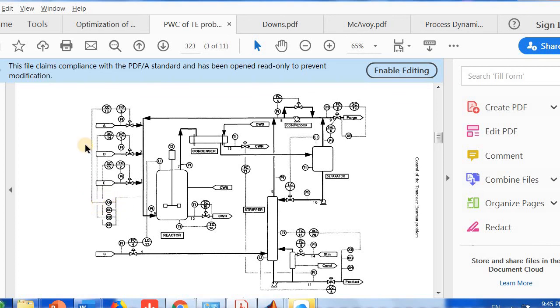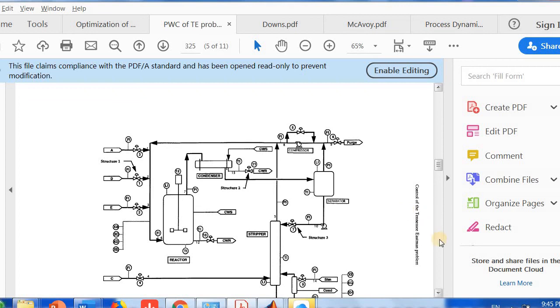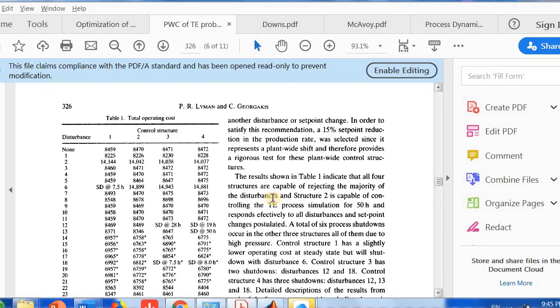He's using the analyzer to be cascaded to the flow controller. So it has some kind of configuration on the purge and also on the product of G and H, and on the reboiler, which is also cascaded with the temperature and the flow controller. It has a different way of looking at things. It's beautiful to look at what people have done, and this is what he went through.